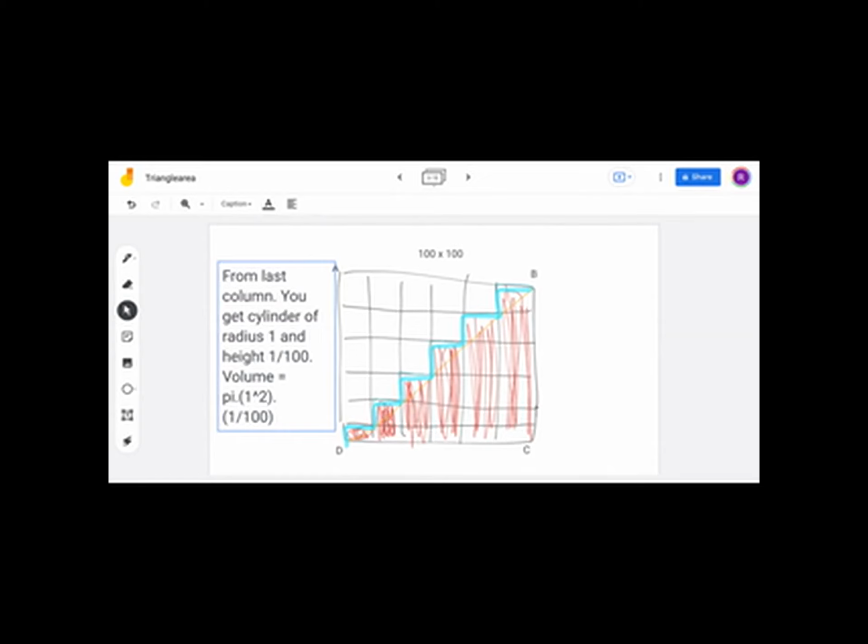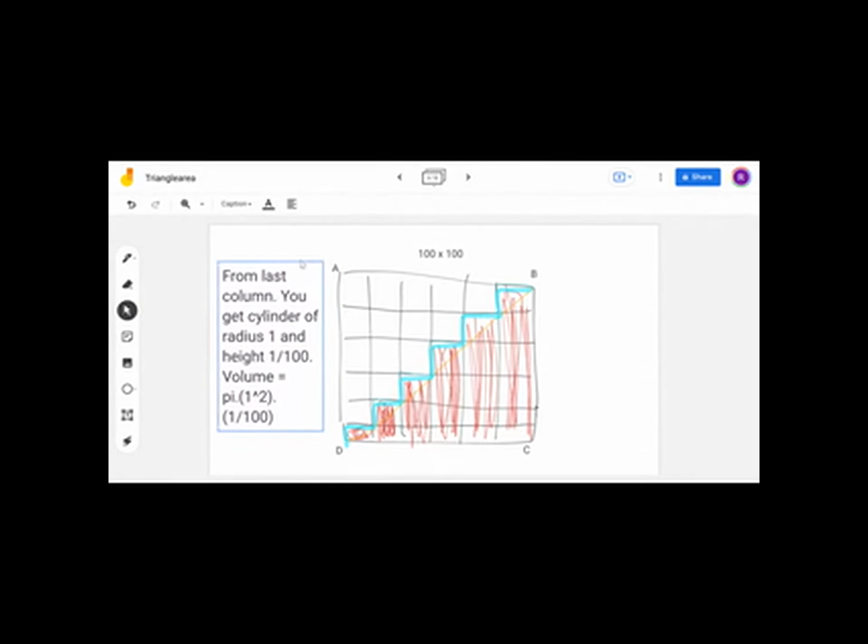From the second column, you will get a cylinder of radius 2 over 100. From the third one, you will get 3 over 100. So is the volume of each cylinder the same, or is it going on increasing? Increasing, exactly. So you can't just say it is the number of cylinders times the volume of each cylinder, because the volume is going on changing.